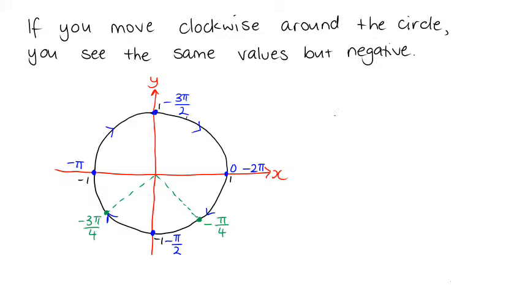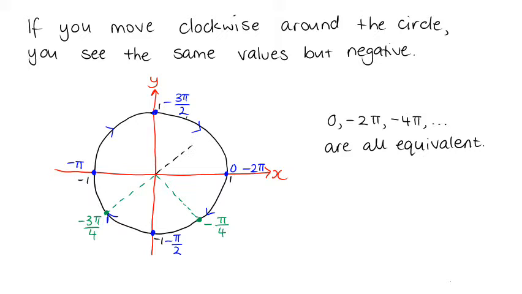So last thing, we got 0, negative 2 pi, negative 4 pi are all equivalent. Also, what we saw before, if we go up this way, it's going to be 1, 2, 3, 4, 5, 6, 7.